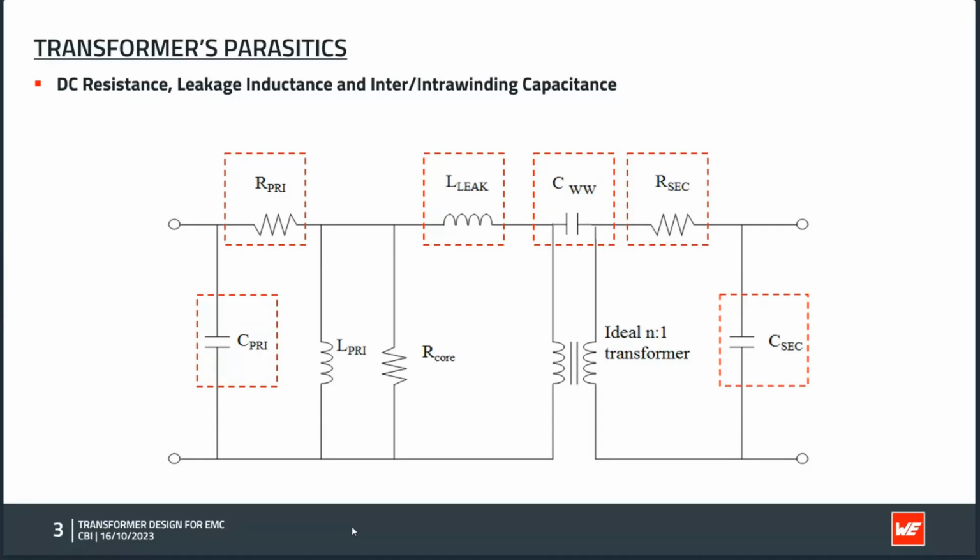So here comes the question: which parasitics do you think we should optimize to get rid of this conducted emission? I will give you about 20 seconds to think about it. If you want, you can also write your answer in the chat. And on the next slide, I will present the solution.